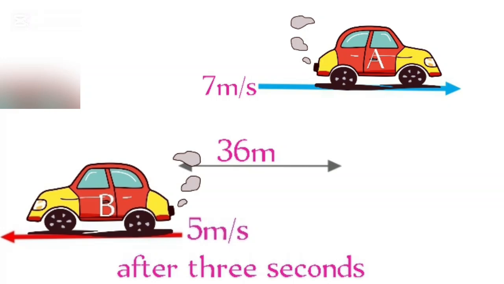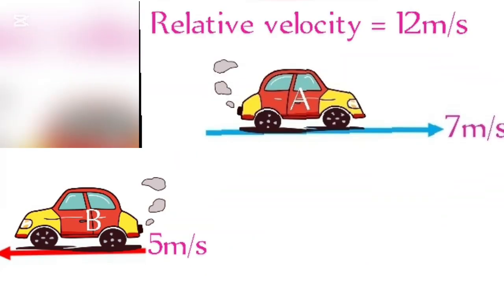After 3 seconds, it will be 21 plus 15, which is equal to 36 meters. The displacement of car A from car B is 12 meters every 1 second. So the relative velocity of car A to car B is 12 meters per second.